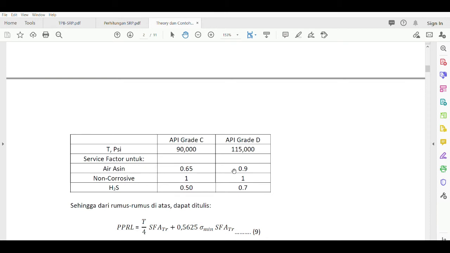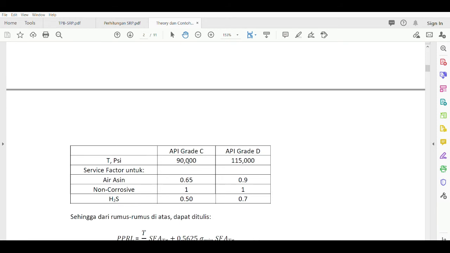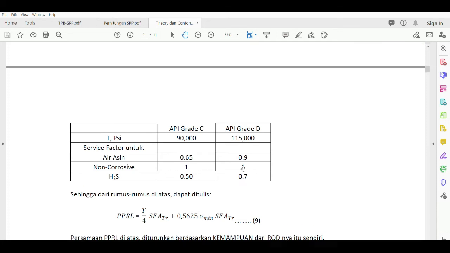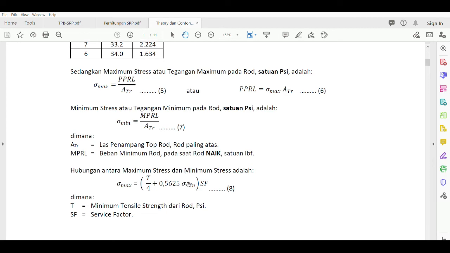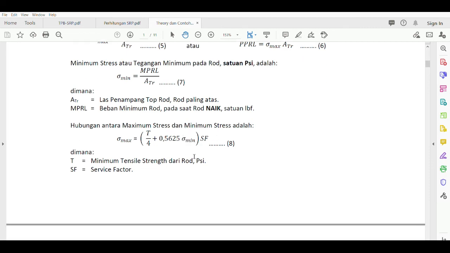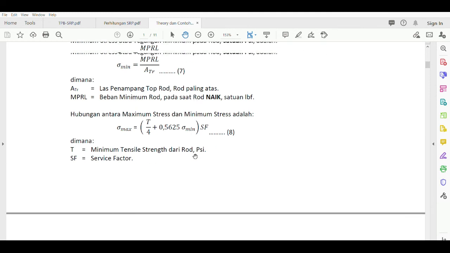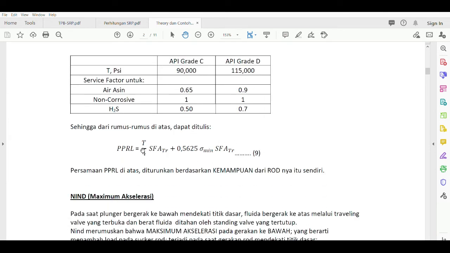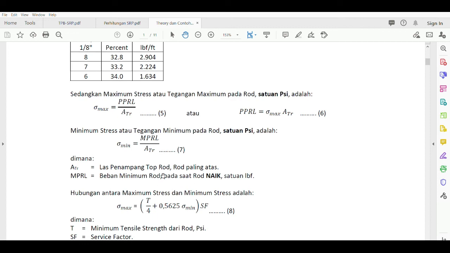So the minimum tensile strength is this number. If we plug everything here into this equation, equations 5, 6, and 7 into number 8, we have equation 9. Equation 9 for PPRL and so on is coming from these three equations.